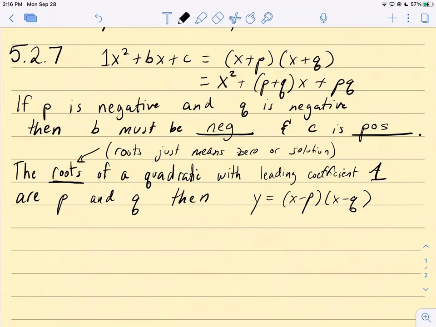So if you want to solve this equation, then what you find is that you expand this out, you get x squared minus px minus qx plus pq, and you get this nice fact.